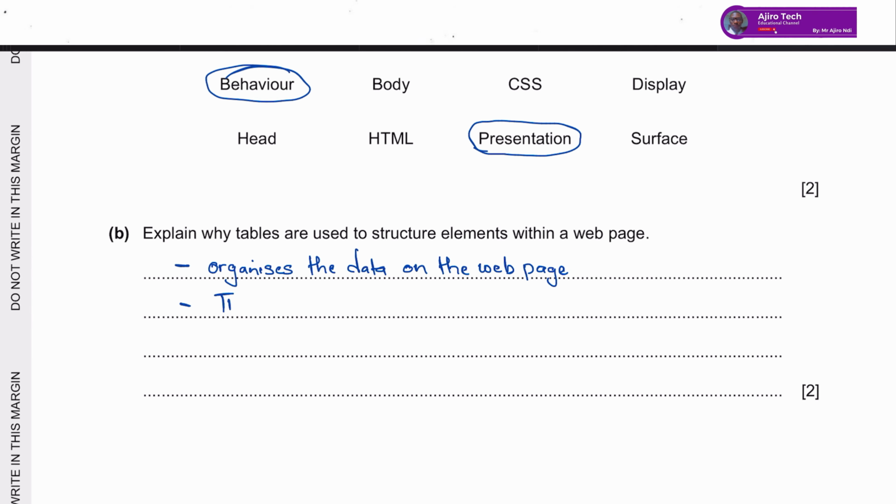The tables are independent of the screen resolution. Okay. All right.